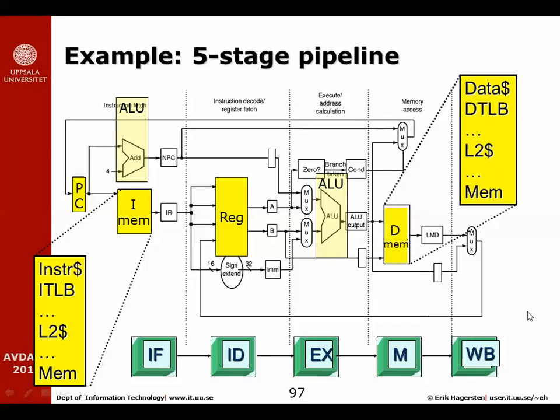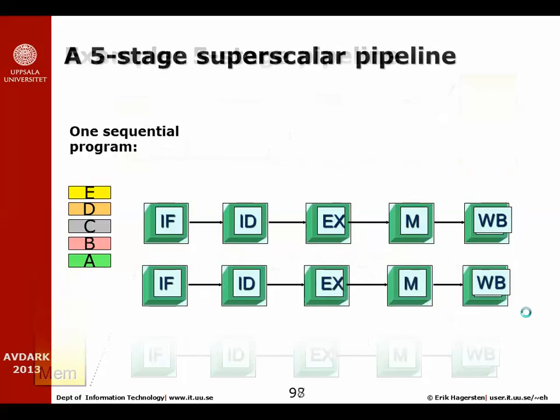What we're going to do now is to combine several of these pipelines together. At the high level, what I'm showing here is that we have put two pretty much identical pipelines right next to each other. These pipelines will fetch instructions from one sequential program.